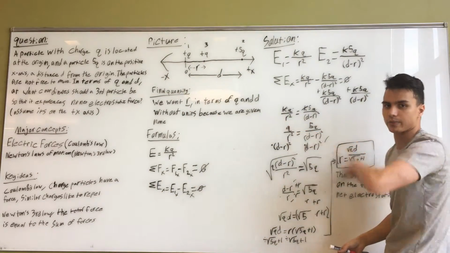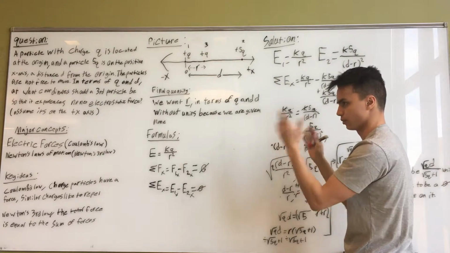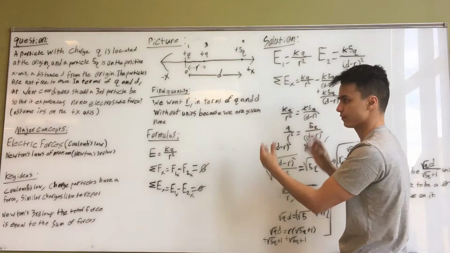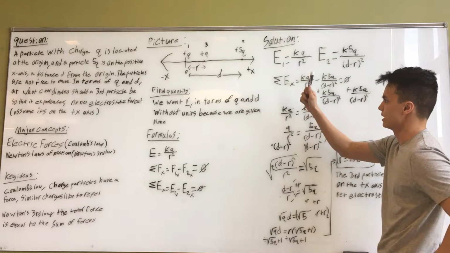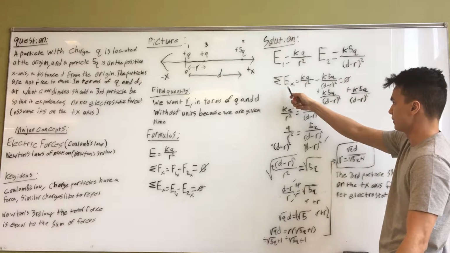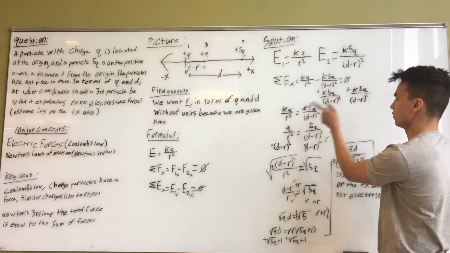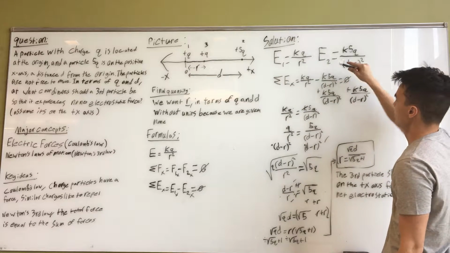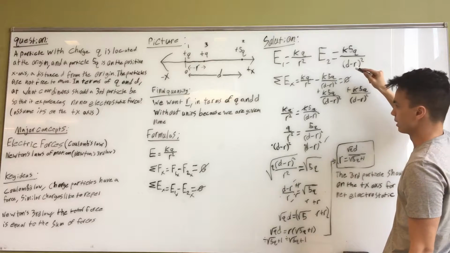Of course, squared, because we still want to square the distance we are away from whatever we're measuring. So we can put that in our Newton's third law derivation: the sum of electrostatic forces in the x direction is kq over r squared minus k5q over d minus r squared equals 0.